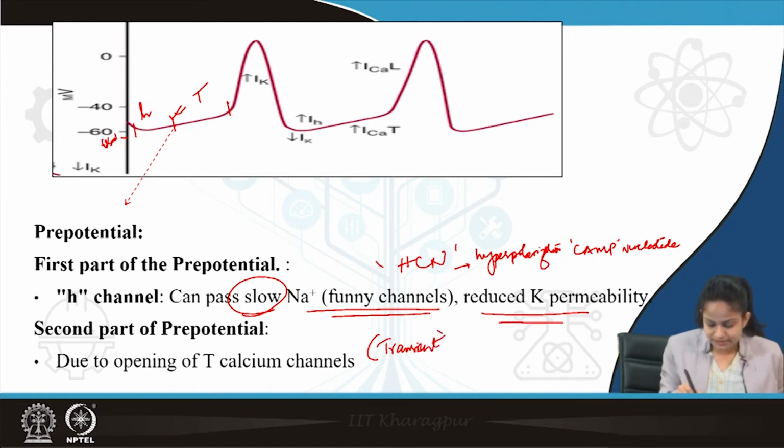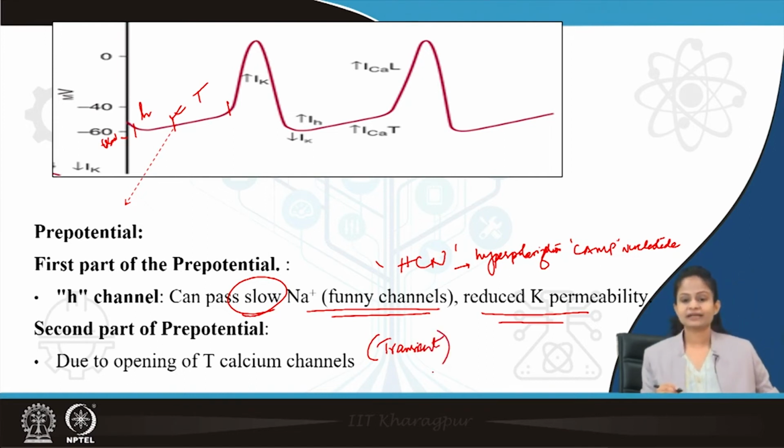Now, as it has already been discussed, various types of calcium channels, the long lasting L type of calcium channels which generates L type of current, and T type of calcium channels are the voltage gated calcium channels which open at more negative voltage, and here we can see it is opening below minus 40 millivolt, and it is causing the rise in the membrane potential. So, this prepotential or pacemaker potential is mainly because of 2 reasons. The third reason is obviously reduced potassium permeability.